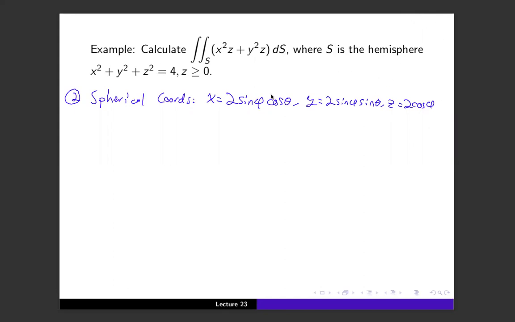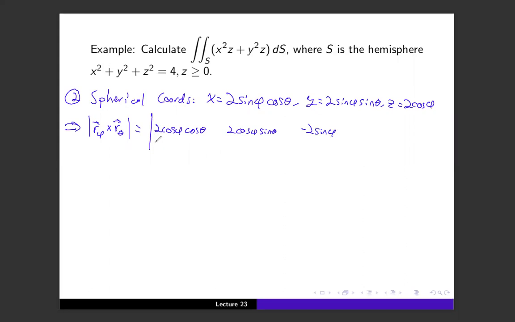So if that's how you want to do it, then once again, you can figure out what the magnitude of that cross product should be, R phi cross R theta. Differentiate with respect to phi, you get 2 cosine phi cosine theta, 2 cosine phi sine theta, negative 2 sine phi.